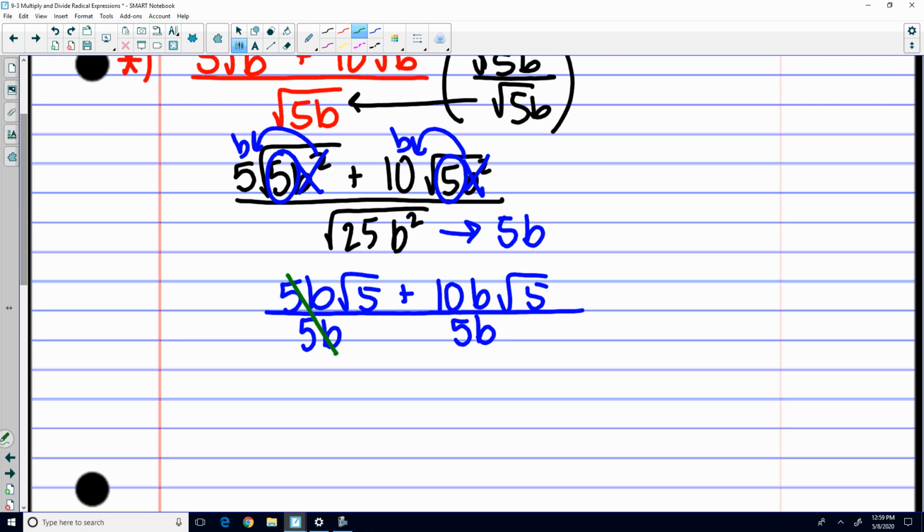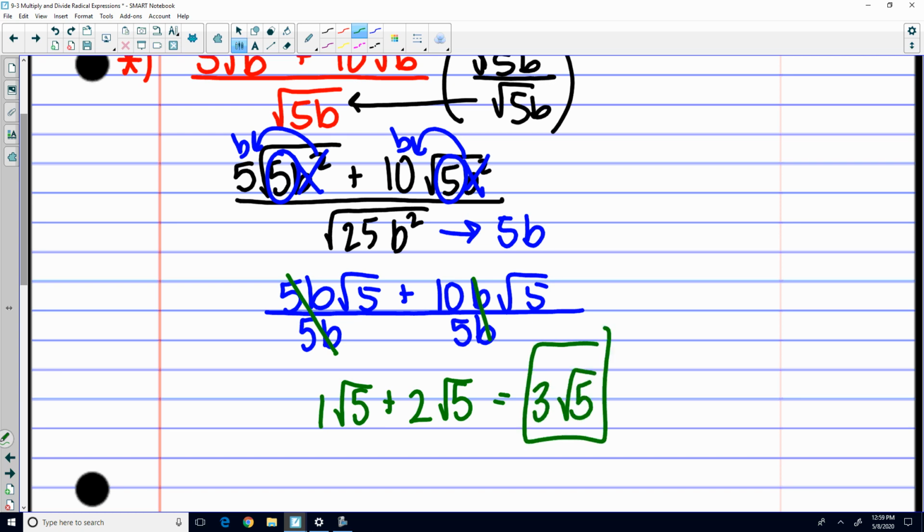This is 1. Square root of 5 plus 10 divided by 5 is 2, but the b's cancel. So 2 square root of 5. Now, you should see something a little different here. They're both square root of 5, which makes them combinable. So I have 1 plus 2. I'm going to have 3 square root of 5. That's my final answer. Again, it's called rationalizing the denominator.